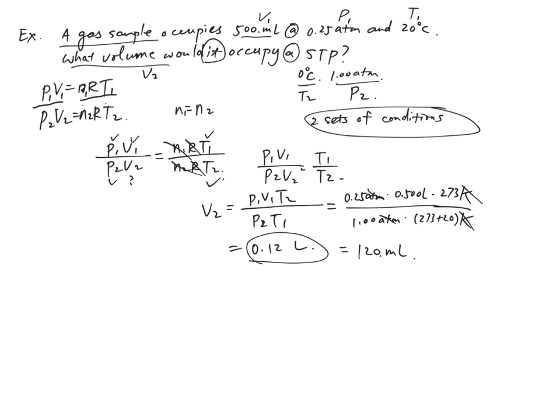Now, these types of two sets of condition problems don't always need all 6 conditions eventually. You can always do this, okay? And you always set out to cancel. And actually, think about it.